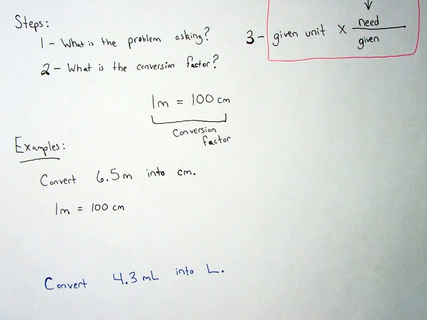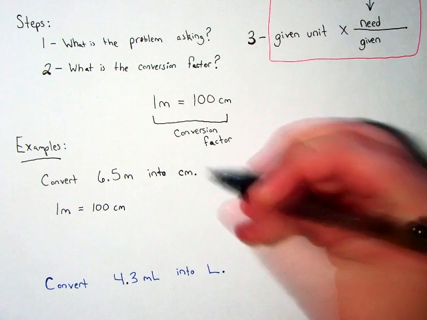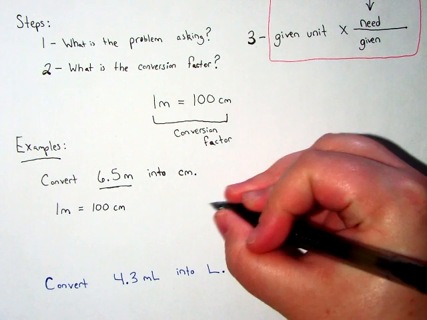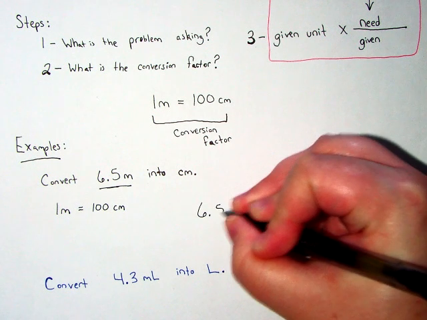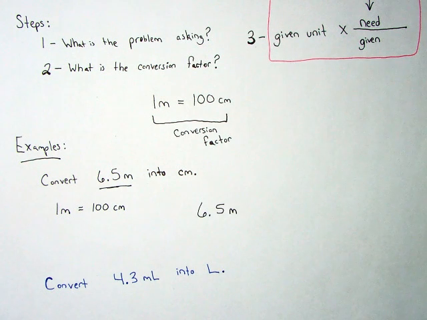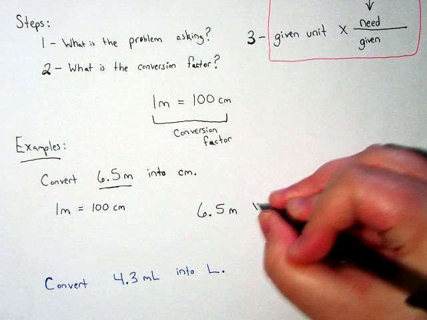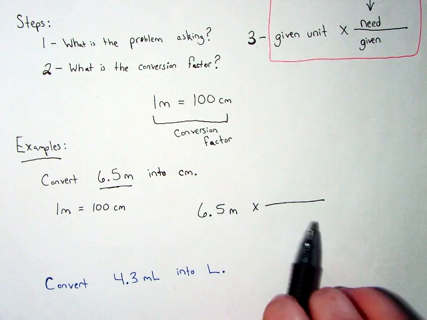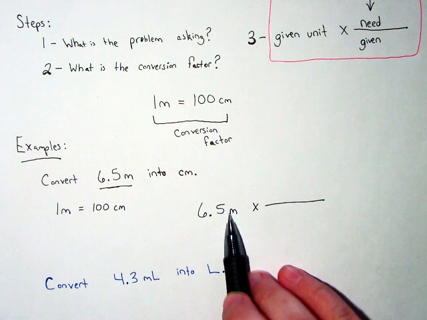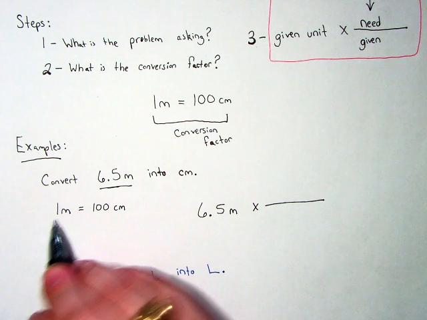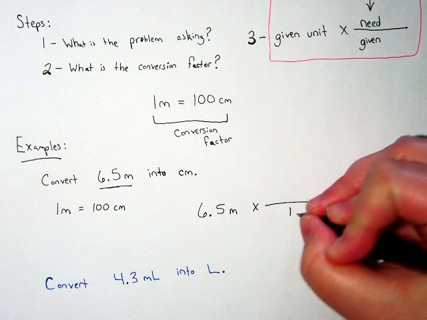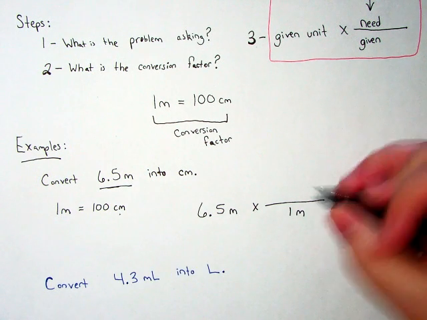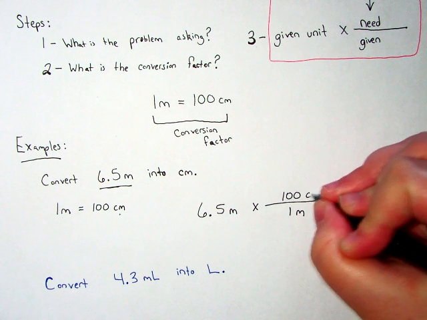Next, I'm going to plug it in. I'm going to write down what I'm given, which in this problem is 6.5 meters, times, set up a fraction. I want to put meters on the bottom because that's what I started out as. So meters on top, meters on bottom. 1 meter goes on bottom. 100 centimeters, centimeters is what I want or need. That goes on the top.